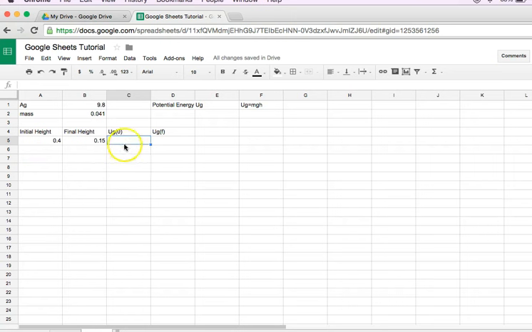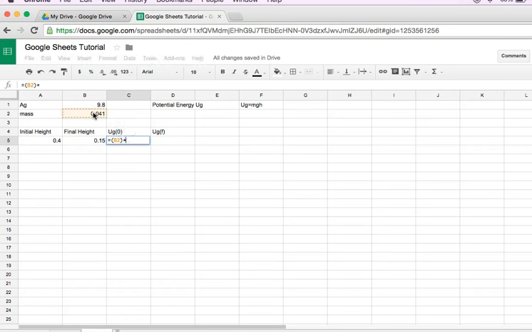Now, to calculate, once again, we have to set up our equation. So I'm going to first start with my equal sign telling Google Sheets that I'm ready to do a calculation. Google Sheets is going to ask me what I want to do. So equals, I want to do mass times gravity times height. Now mass is something that I always want to keep the same. So I want to go back and maybe put some money signs in there.